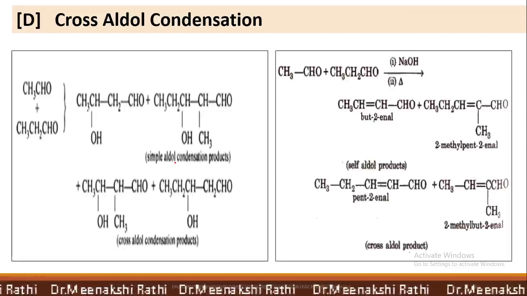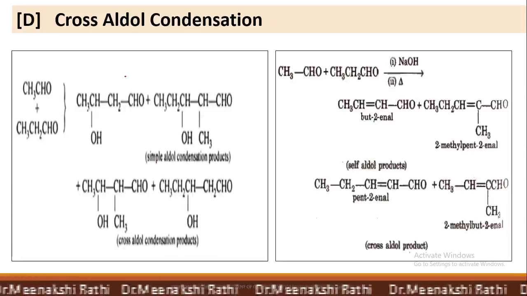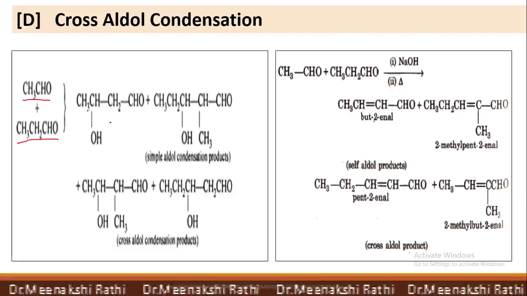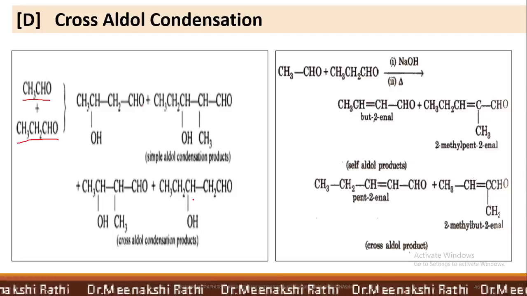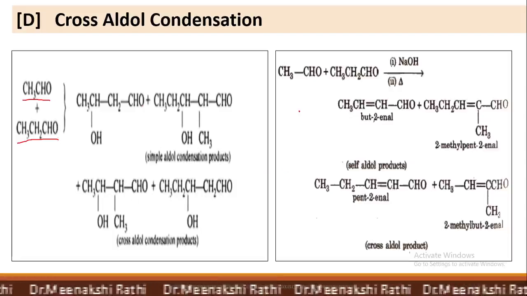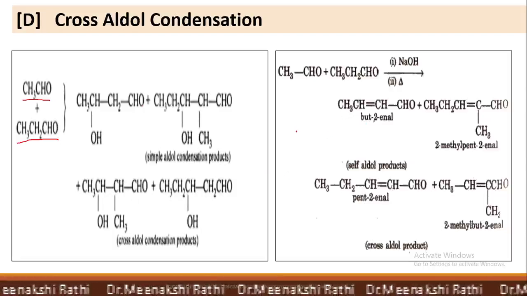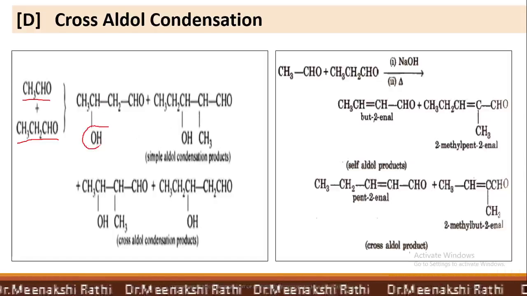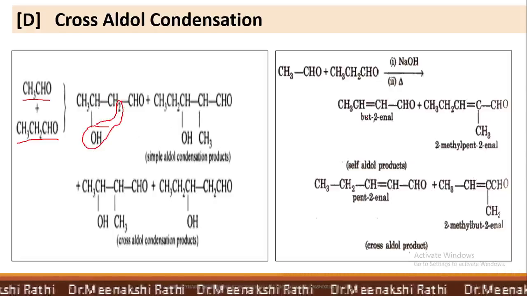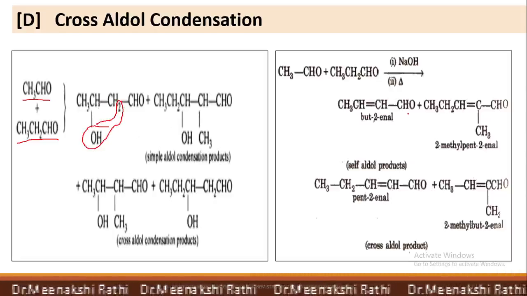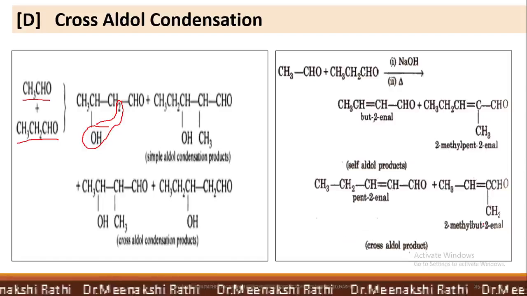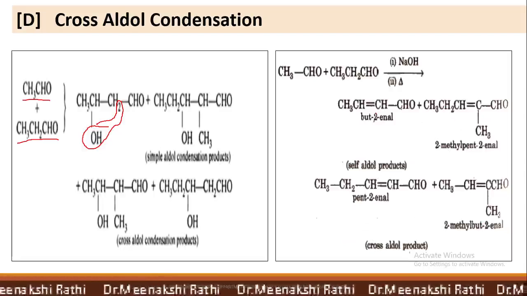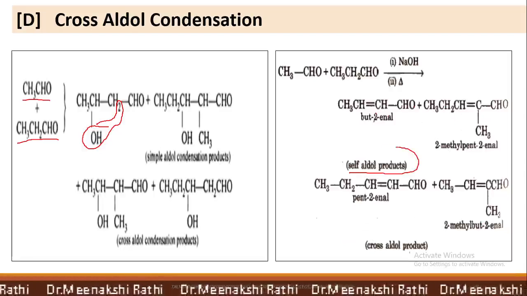But here you can see, when acetaldehyde combines with propanaldehyde, we get these 4 aldol products, and all these 4 aldol products undergo condensation, that is removal of a water molecule. From this, if a water molecule is removed, then we get CH3-CH=CH-CHO. So 1, 2, 3 and 4 aldol products are formed. The first 2 are self-aldol products.